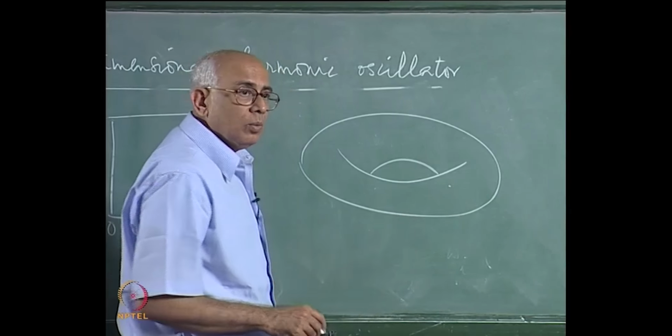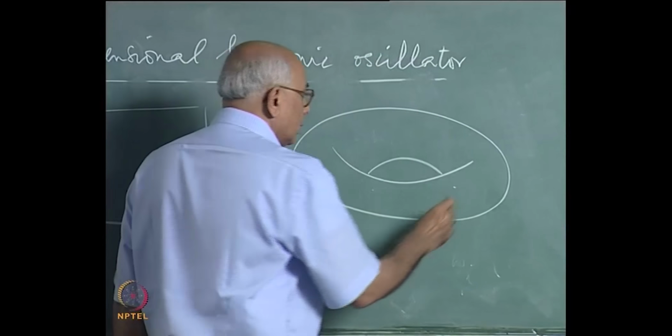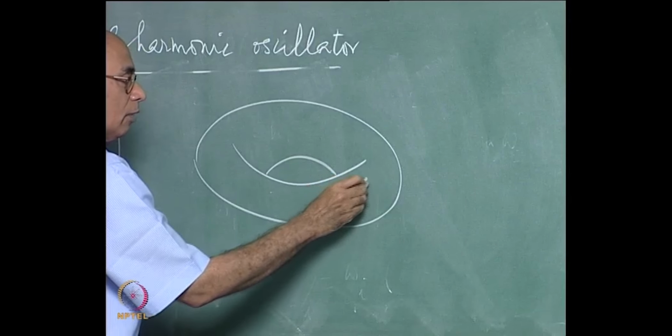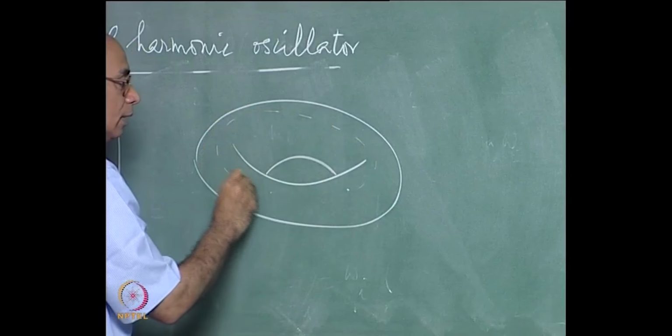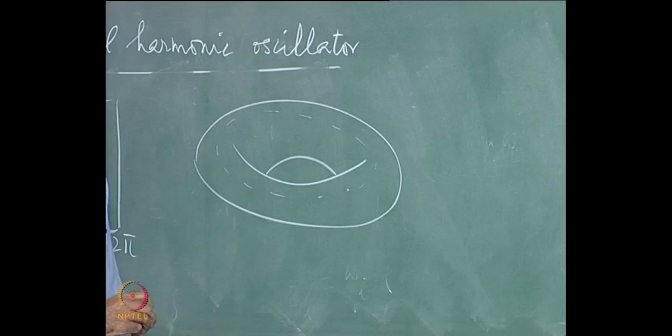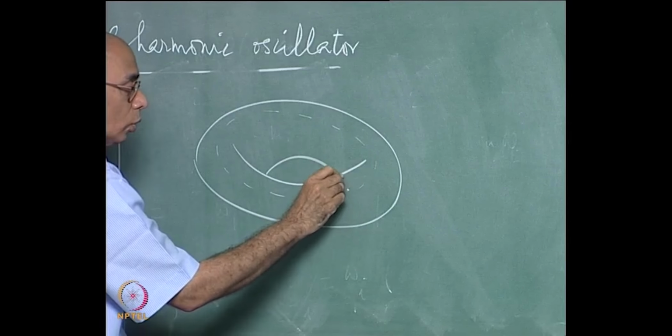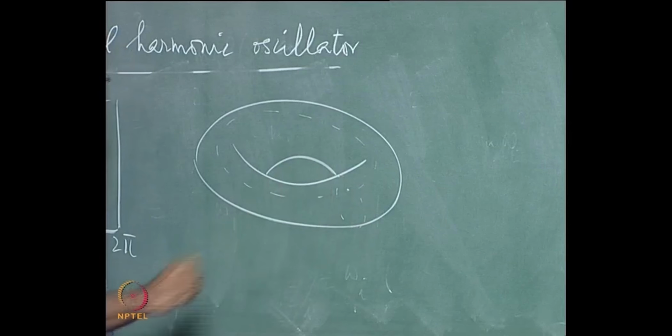Periodic motion would correspond to the following situation: as the representative point traverses in this direction a complete loop, it should do so an integer number of times in the other direction. That would be 1:2 or 1:3 or even 1:1, for instance.